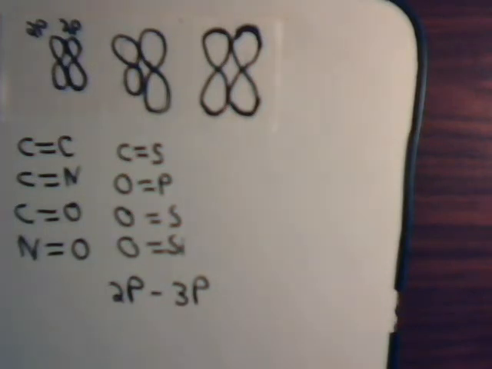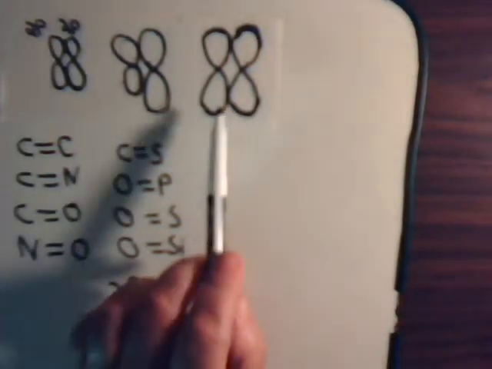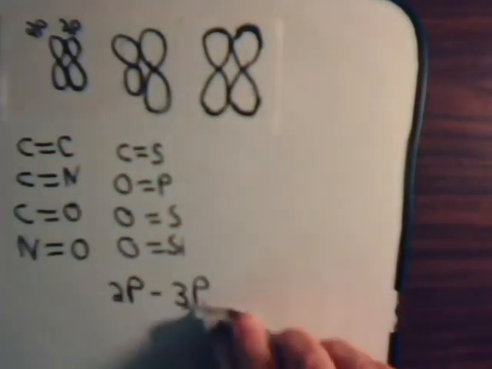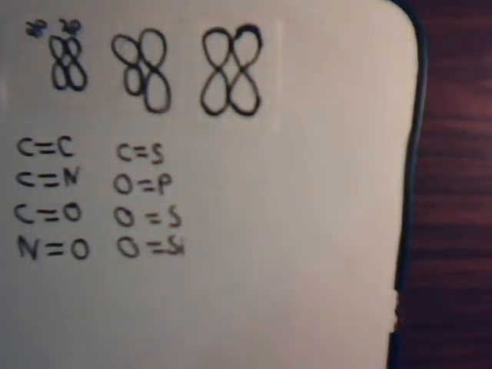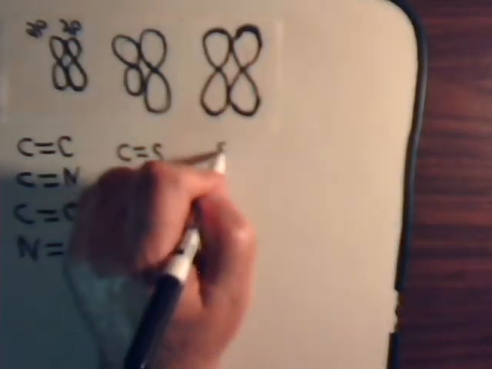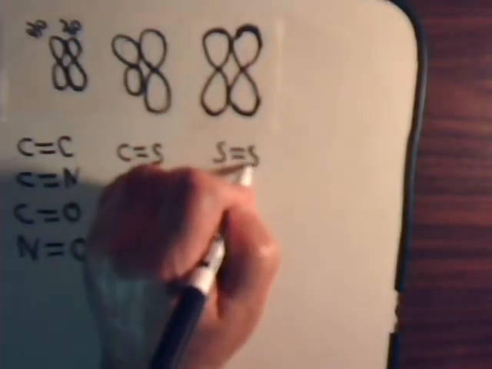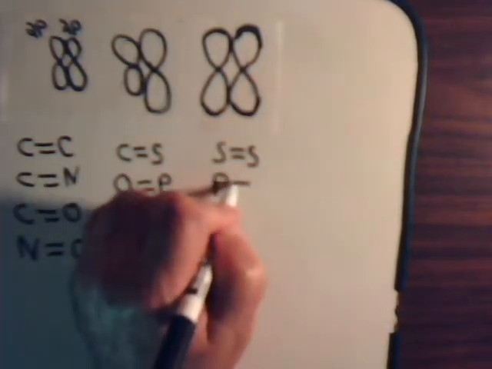Now, what happens if we, say, have 3p overlap? For example, try with sulfur, or with phosphorus.